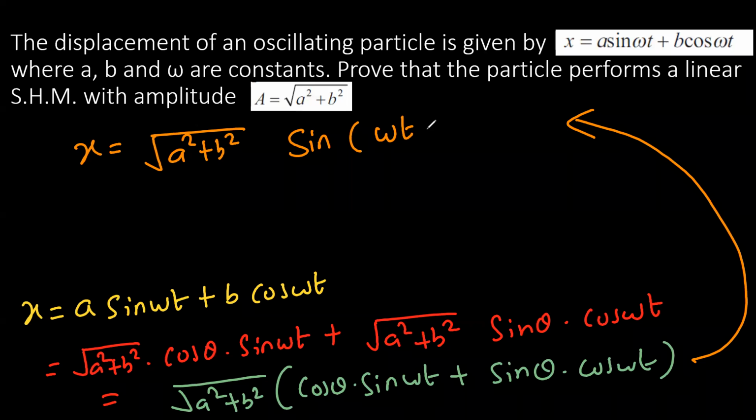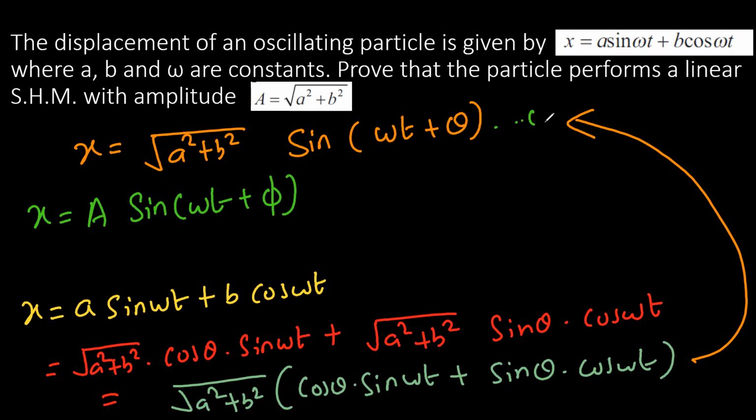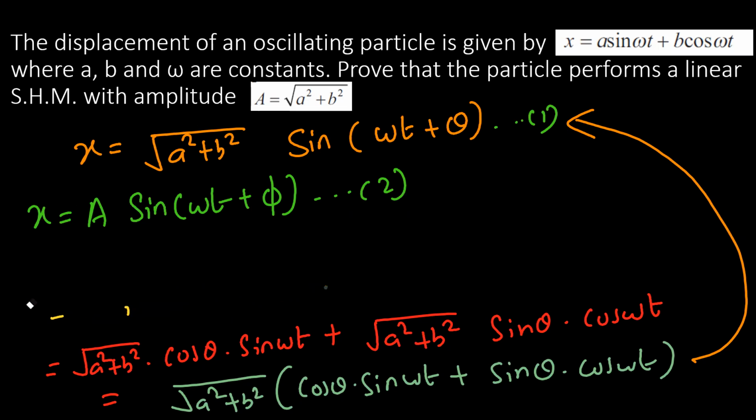We can say omega t, and this is theta. Now if you compare, we know one formula: x is equal to A sin omega t plus phi. This is equation 1. This is equation 2.